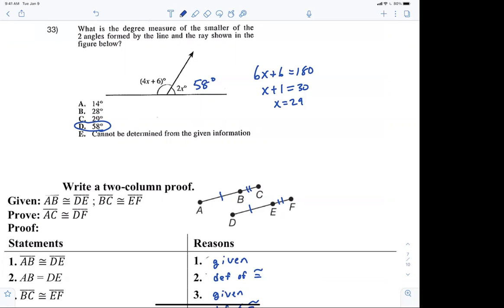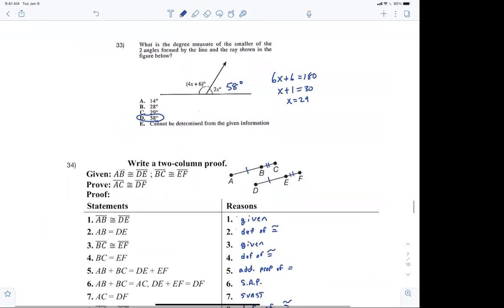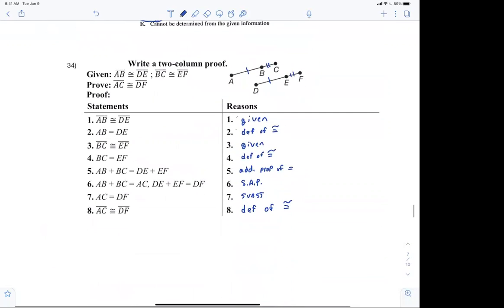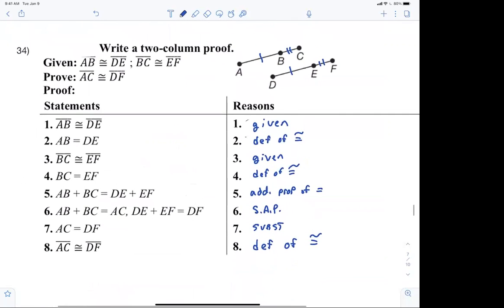All right. So here we go. 34, I didn't think was so bad. Yes, Olivia. Could that be substitution? Again, I'm agreeing. I'm not sure what you're substituting though.